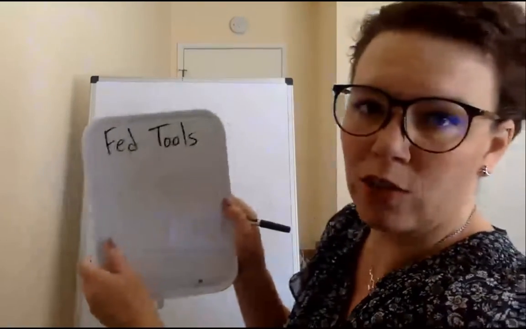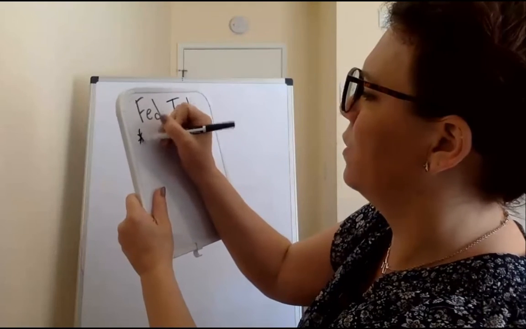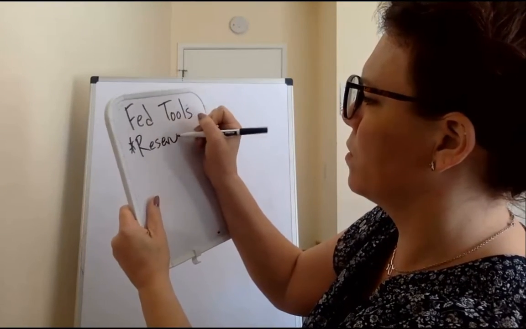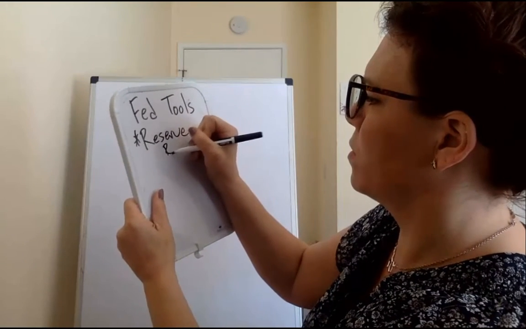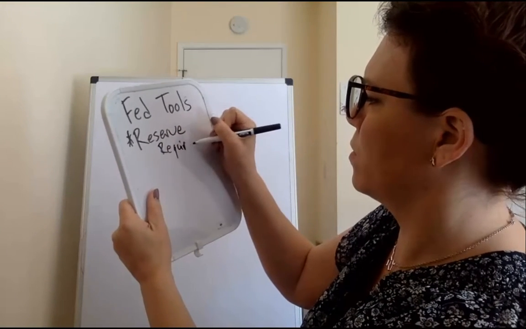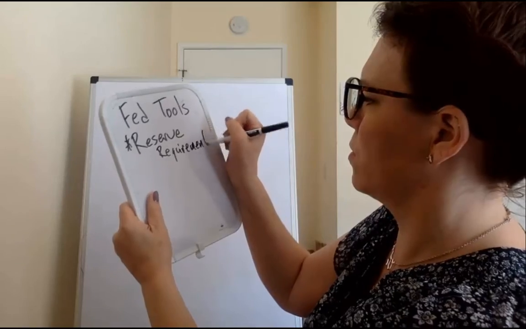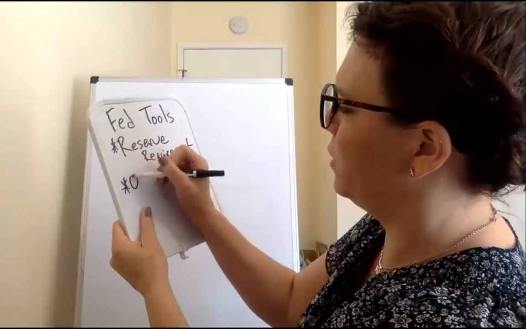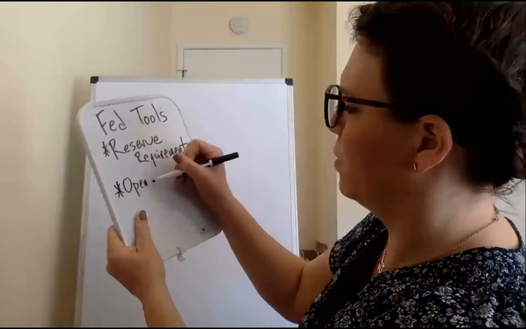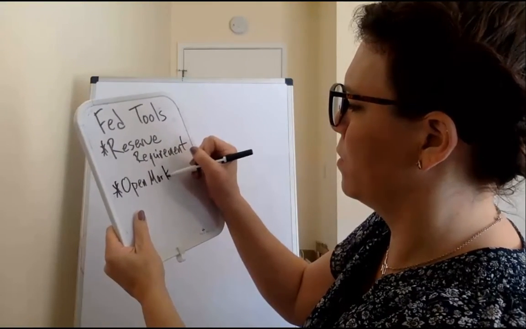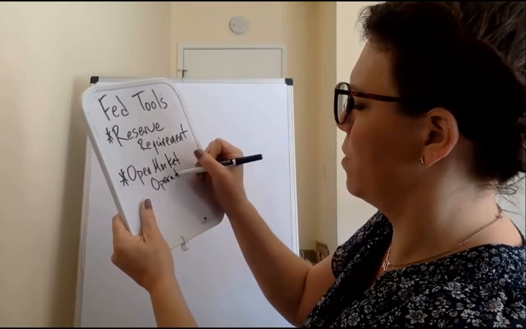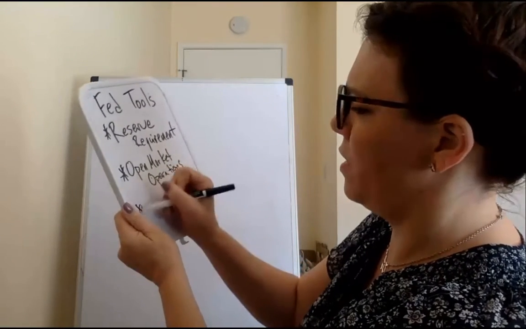So the Fed policy tools that we've talked about so far are the reserve requirement, open market operations, and the discount rate.